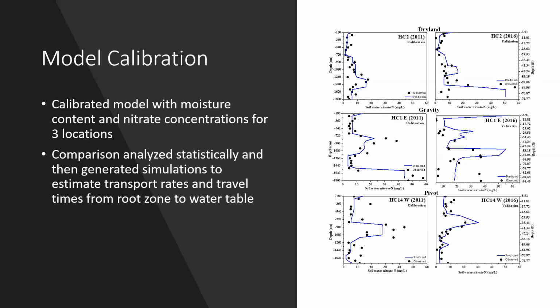We calibrated those models using data from the Hastings wellhead protection study, and then compared nitrate transport rates under dryland crops, under gravity irrigated and pivot irrigated corn, and then analyzed the results statistically to generate simulations and estimate transport rates and travel times from the root zone to the water table.